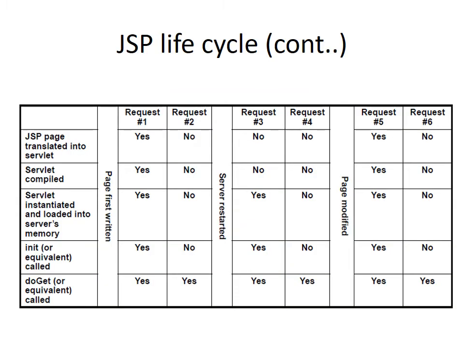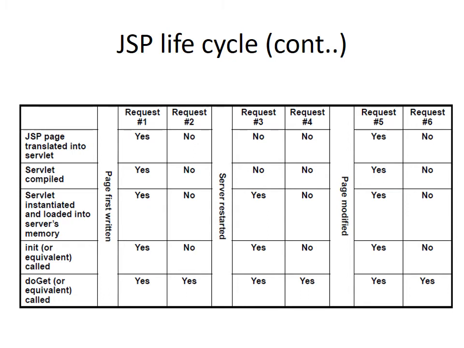So now this is what is detailed here. Suppose this is client request 1, then the second request has come. Then if you see the first column, you have the parameters on which the things are compared. So what is the first parameter? The JSP page is translated into a servlet only when the first request comes. Then onwards for all the requests, it is not converted, right?